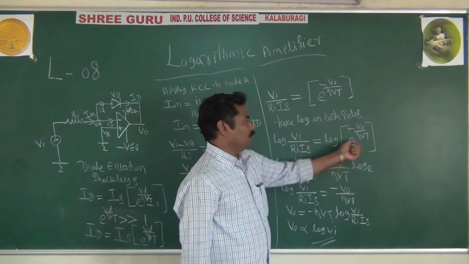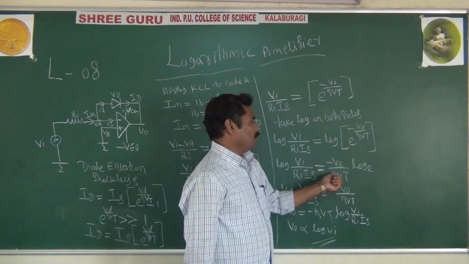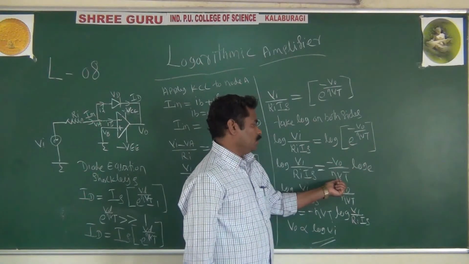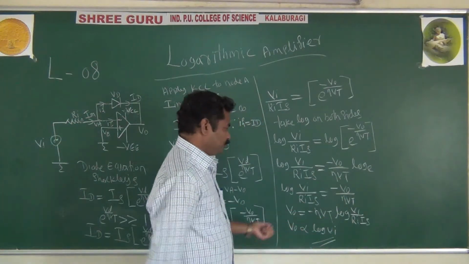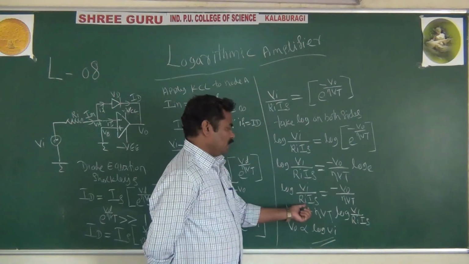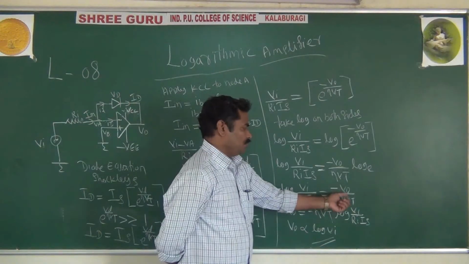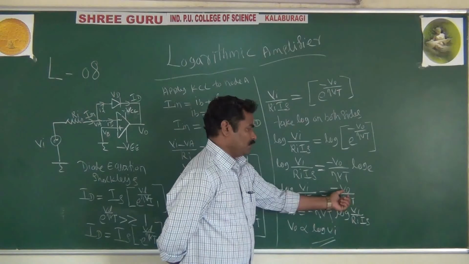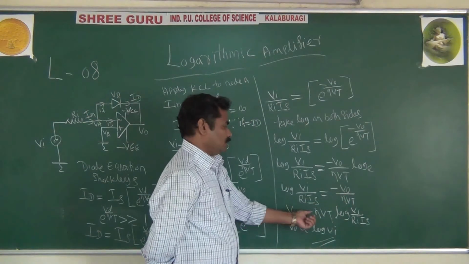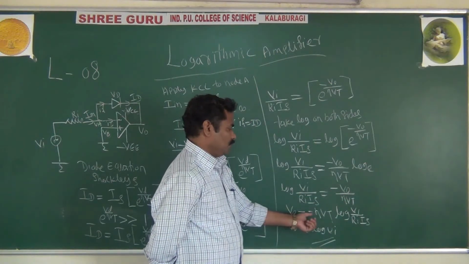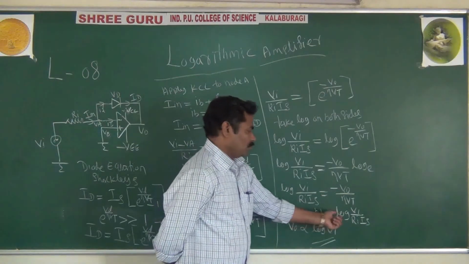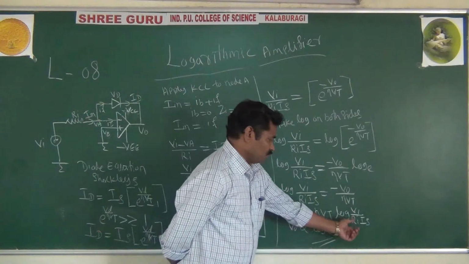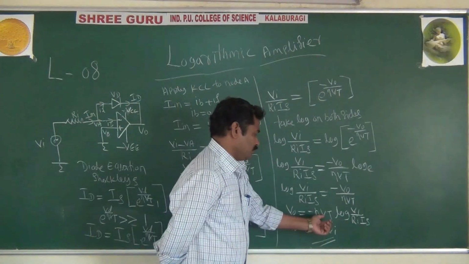And this will multiply here, and log e to the base e is 1, it becomes minus V naught by eta into Vt. And we want this V naught, it means this will multiply here, that becomes V naught equal to minus eta into Vt log Vi by Ri Is, especially this Ri, Is, eta and Vt are constants.